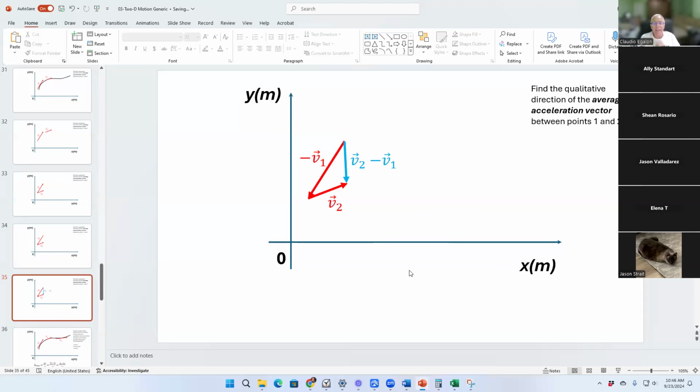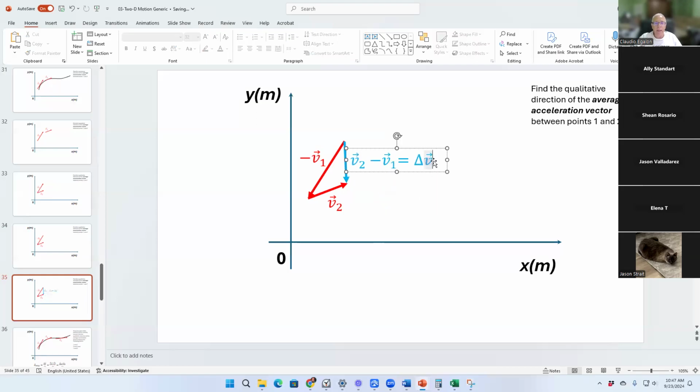That's the resulting direction of the delta V, which by the way is parallel, okay, to this delta V. I'm even gonna put it here. Right? Like that.